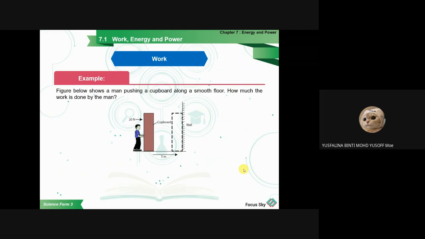Okay, so this one, can you try to calculate? The force is 10, 20, and the distance is, so use W equals Fs.